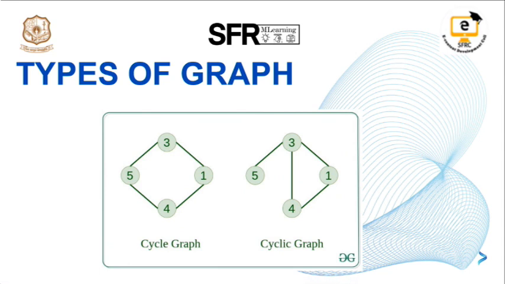The seventh type is a cycle graph. Cycle graph, in the name itself, refers that the graph has a cycle in itself. The minimum value of degree of each vertex is 2. The eighth one is cyclic graph. There is a difference between cycle and cyclic. A graph is said to be cyclic when it contains at least one cycle.